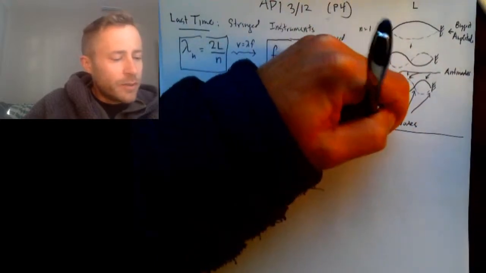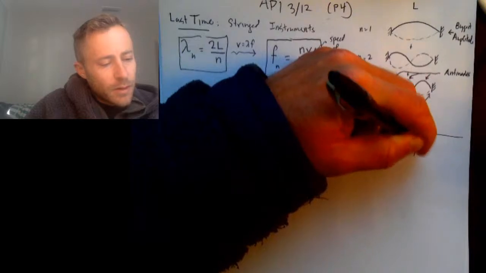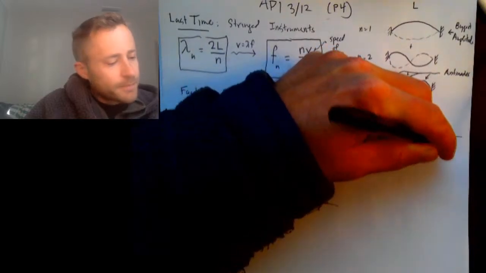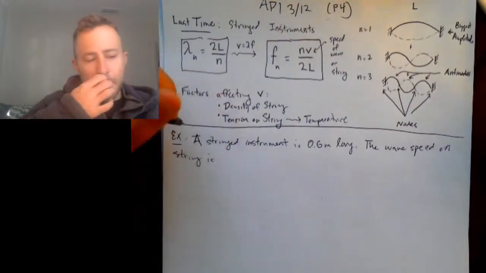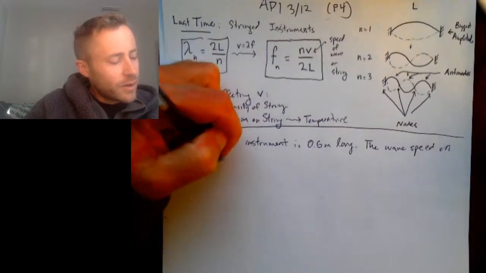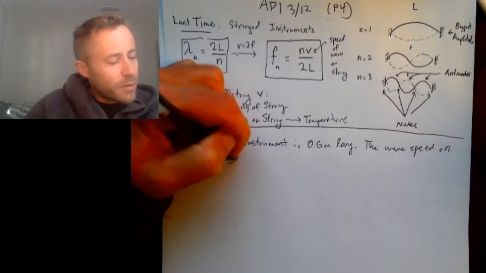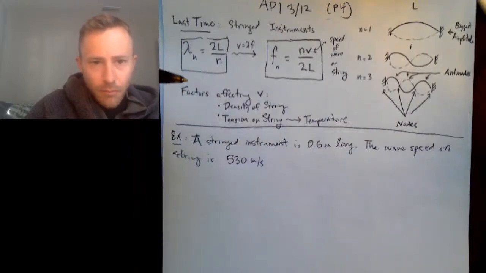The wave speed on the string is, let's say, 530 meters per second.